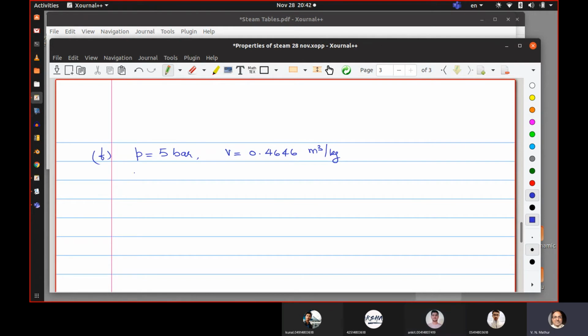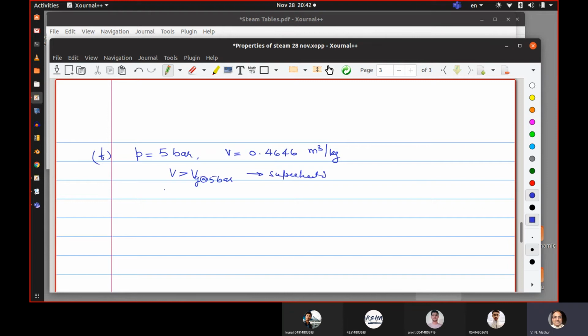So we'll again first of all find out whether the steam is wet or superheated. We'll see the steam table corresponding to 5 bar. If the given volume is greater than volume of gas corresponding to 5 bar, then we will conclude that the steam is superheated.